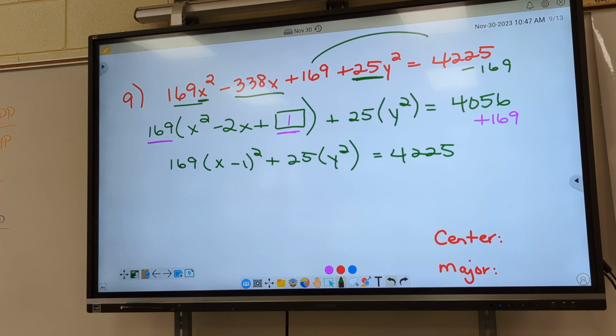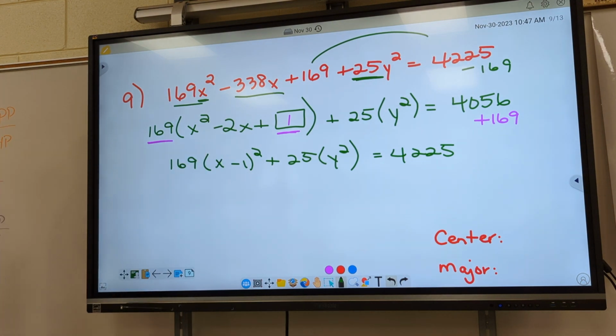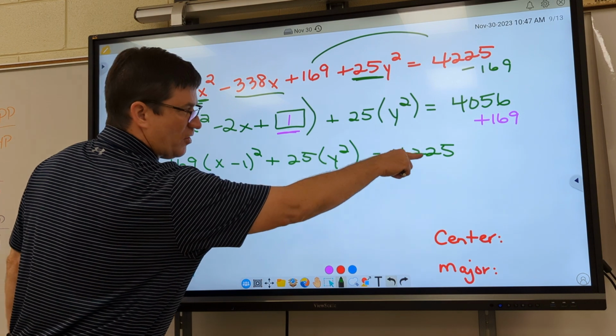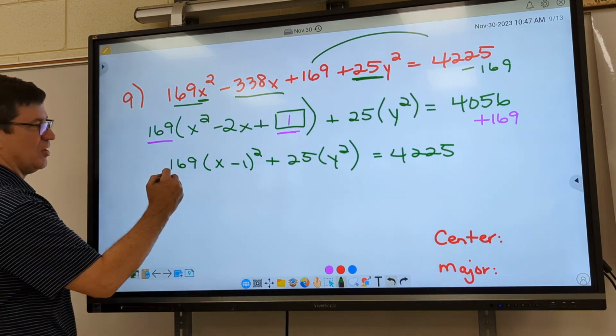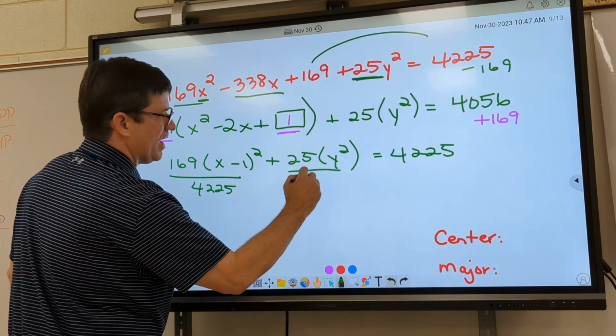Does everybody see where I got the x minus 1 squared? That's just what we had on the test just a minute ago. X minus half of that number. All right, so that's how far we went on the circle problems. On these problems, there's one more step. What did we say it's got to equal over here? It's got to equal 1. So we divide everything now by 4225, and that will be our last step.